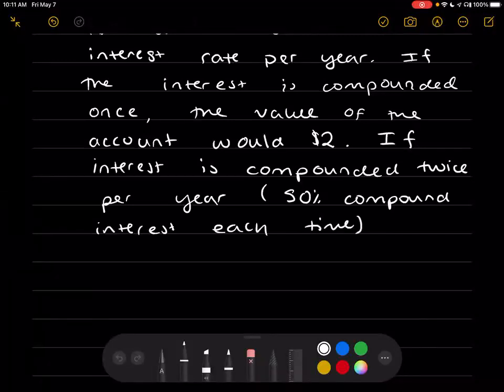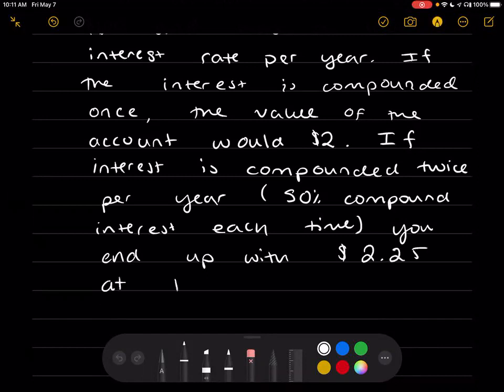You can go ahead and use the compound interest formula that we talked about in the last section. And I think what you'll find is that you end up with $2.25 at the end of the year. So a little bit more, but not too much more. But it's still different from doing it only once, right?